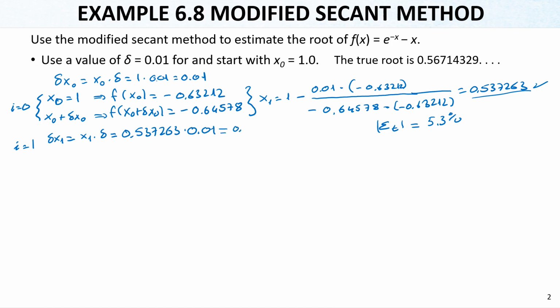Then it is 0.00537263. Then we will use not x0 but x1. This is x1 actually, and then x2 is actually x1 plus delta x1.